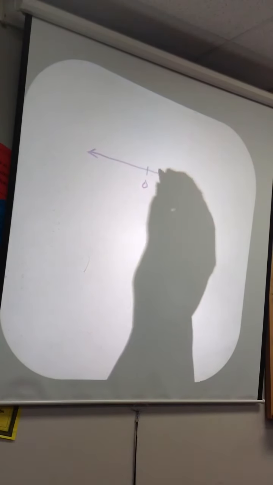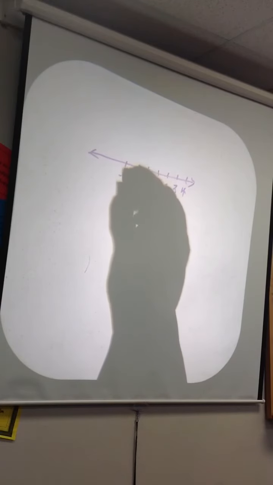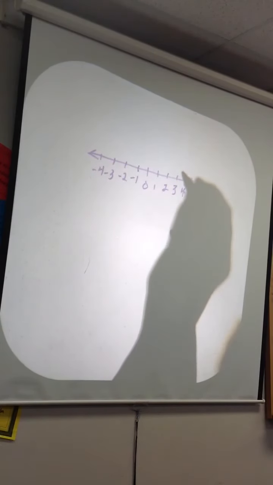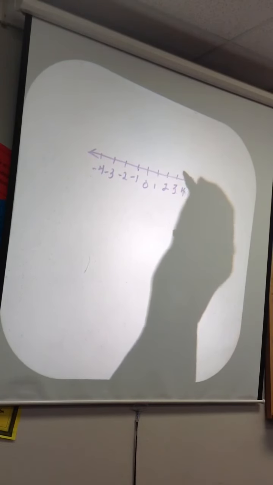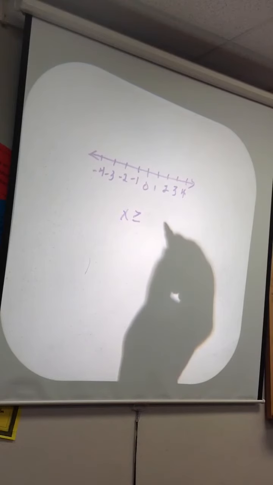All right, so now then, what happens if it's not just greater than? You've got your number line. And this time we're going to have all numbers that are greater than or equal to 0.